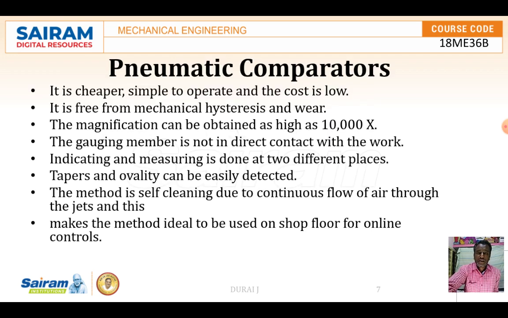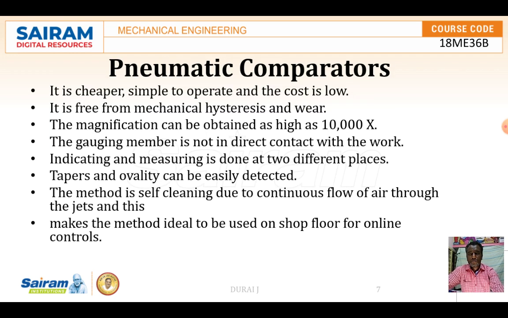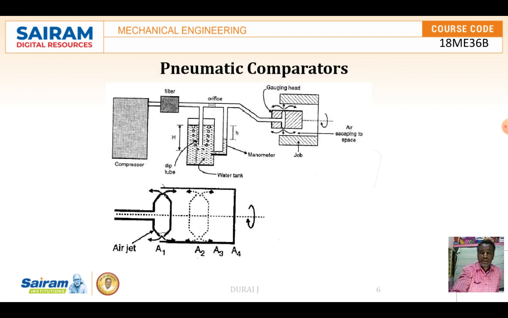Then comes the next one, the pneumatic comparator. Mainly this pneumatic comparator is employed for checking cylinder bores. So for that, this pneumatic comparator works. Here the construction has the compressor, filter, orifice and gauging head, and the manometer and water tank are placed over here.